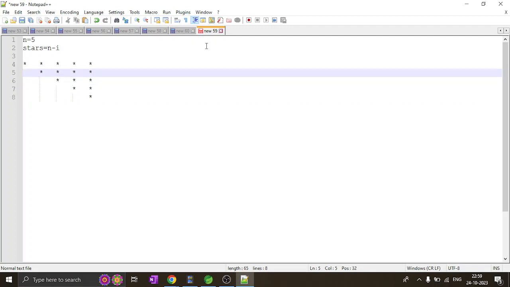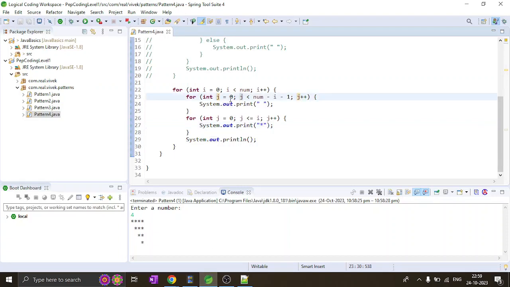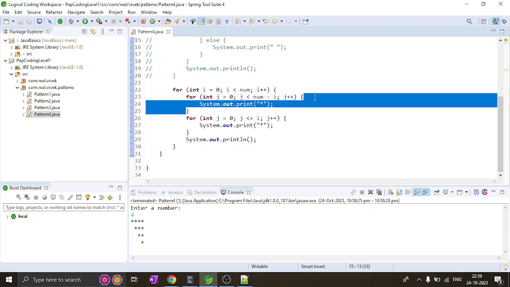So let's write the logic to print stars first. So when I is equals to 0, it is n minus I. What it will do, it will print stars. We have to print stars, not spaces. So this will print 5 stars.